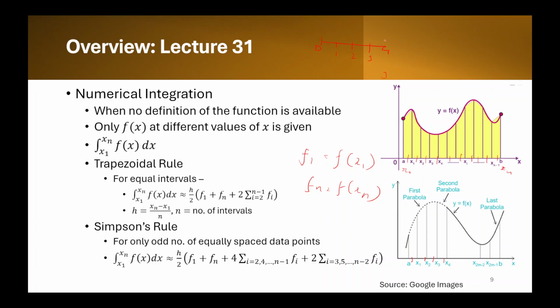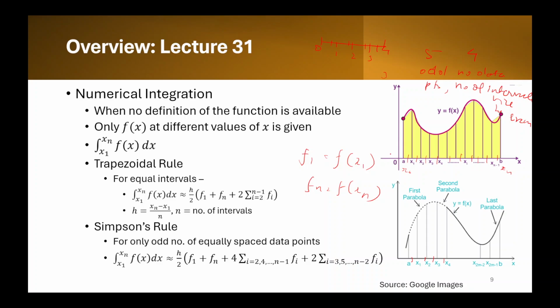The number of data points are 0, 1, 2, 3, 4, 5. What is the number of intervals? 1, 2, 3, 4. So the number of intervals is 4. So for an odd number of data points, the number of intervals will be even.